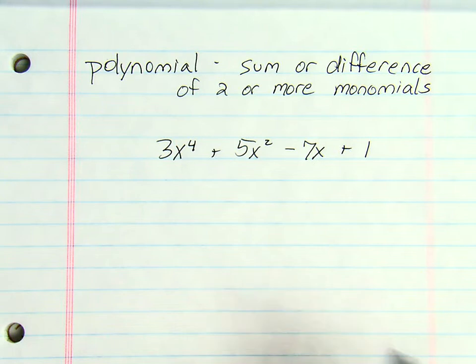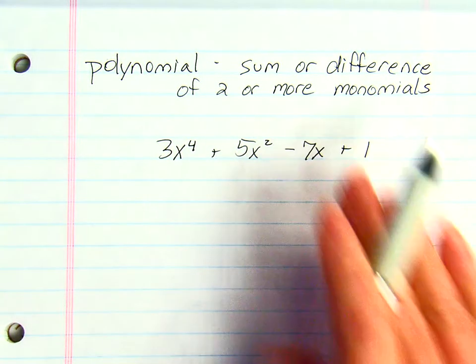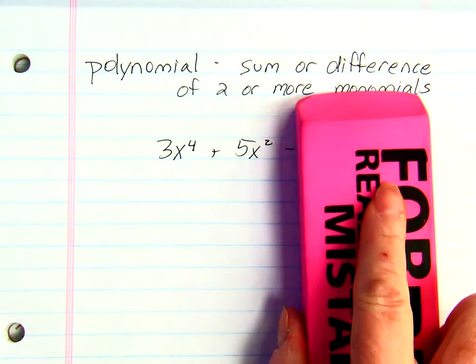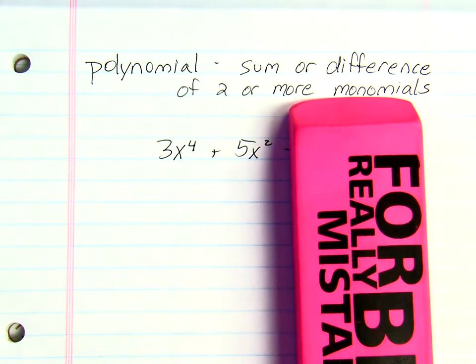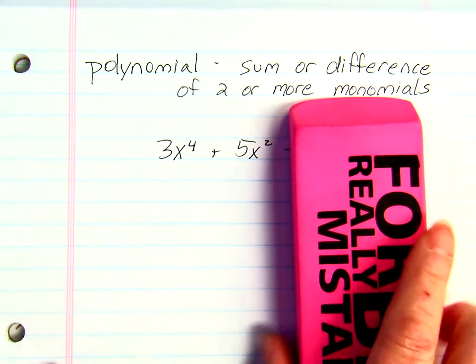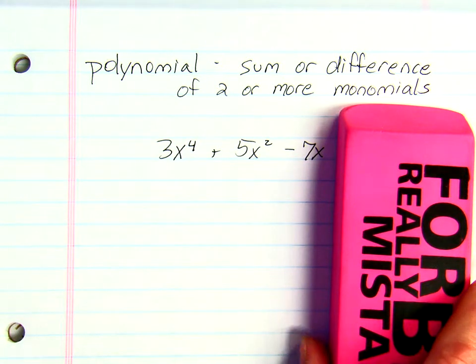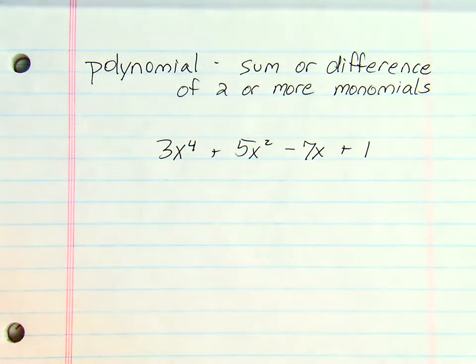If it only had 2, here I'll use my giant eraser, we could call this a binomial. If we only have 3, we would call that a trinomial. They are all still polynomials. It's kind of like that umbrella. So in this case, there are actually 4 monomials.